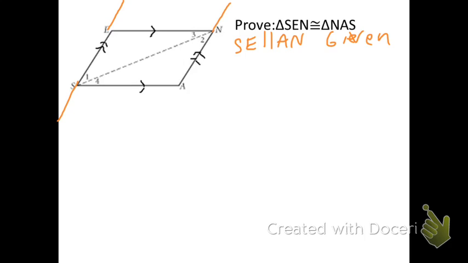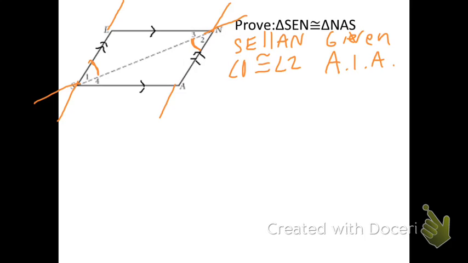This is not something that you need to do, but it's something I like to do just so you can really visualize the alternate interior angles. And hopefully if you turn your head sideways, you can see that angle 1 and angle 2 are alternate interior angles. So we know that angle 1 is congruent to angle 2 by the alternate interior angles conjecture.